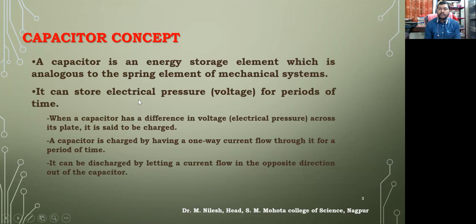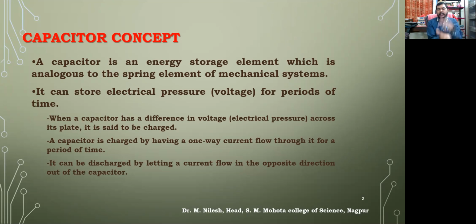A capacitor in which we are expecting to store some energy in the form of charges, right? So we are moving the charges on one of the plates, and the other charges are going to be deposited on the other plate. So that is the main job of a capacitor.